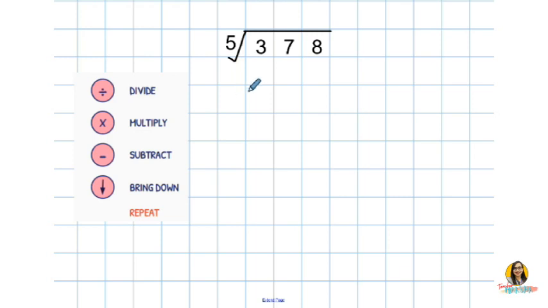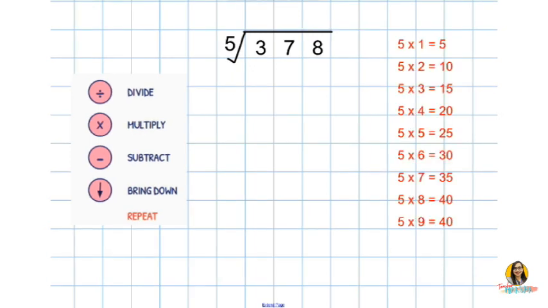How many groups of 5 are there in 37? So here I have written down the tables of 5 from 1 to 9 so that it's going to be easier for us to determine how many groups of 5 are there in 37. You will notice here that there are two numbers closer to 37, which are 35 and 40.